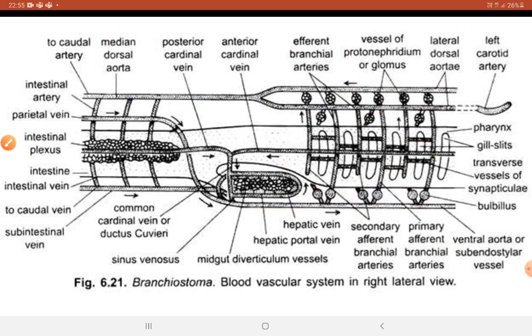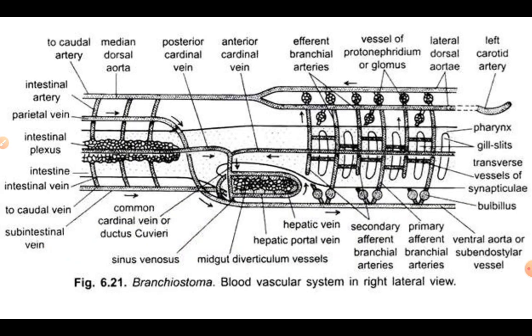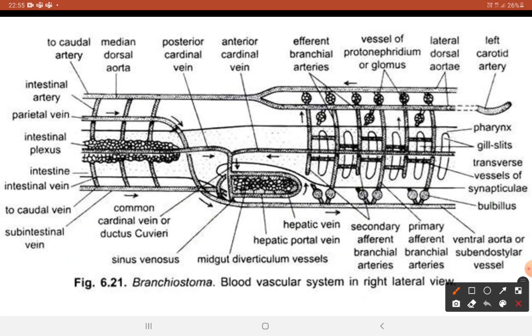To start with, we said the blood from all different parts of the body is poured into the sinus venosus. From the sinus venosus, the blood is pumped forward into the ventral aorta, and from the ventral aorta it is given off to the afferent branchial vessels. If it leads into a primary gill, you call it a primary afferent branchial vessel.